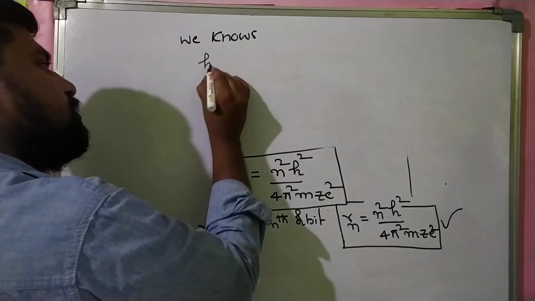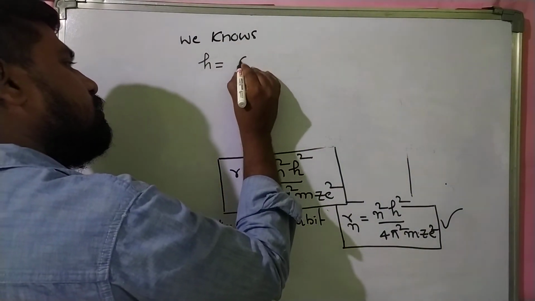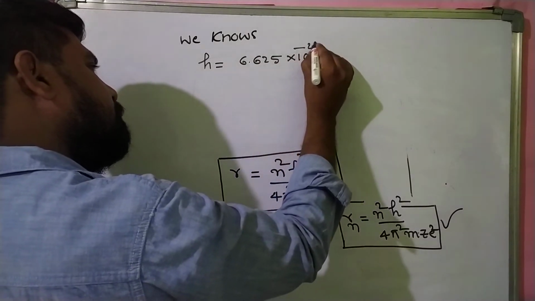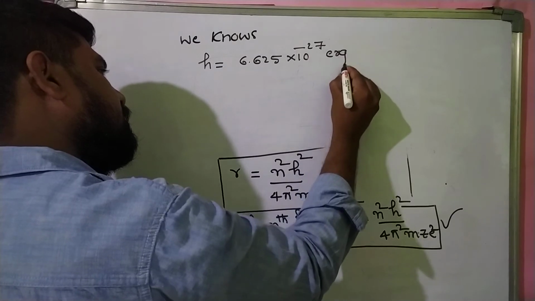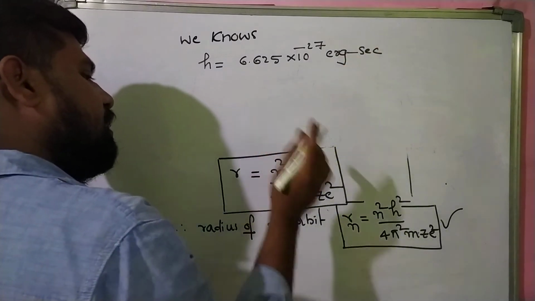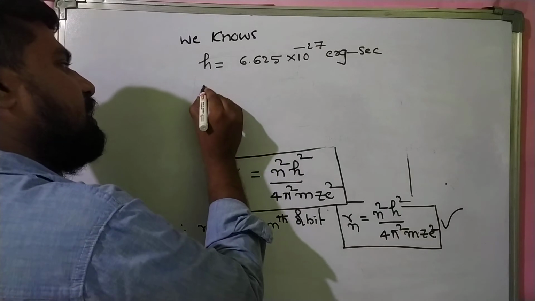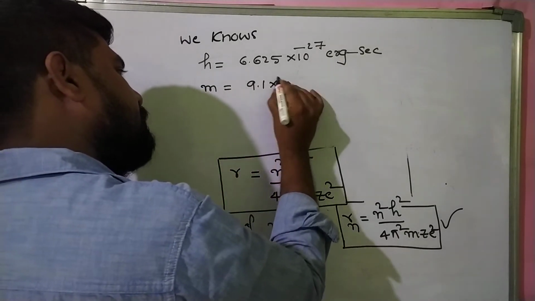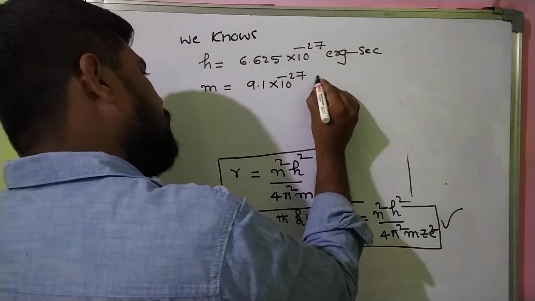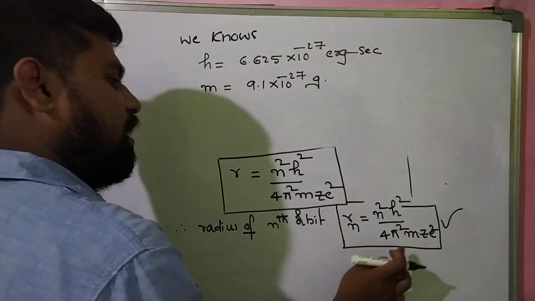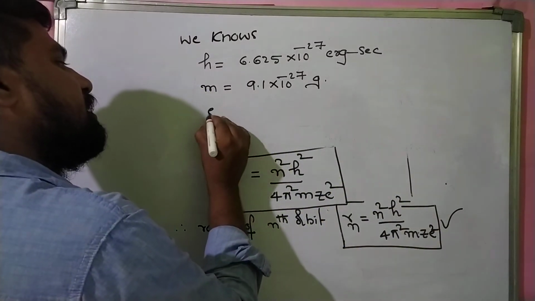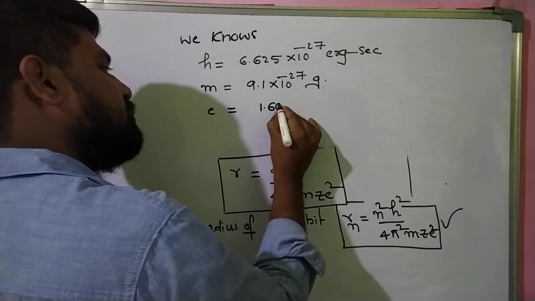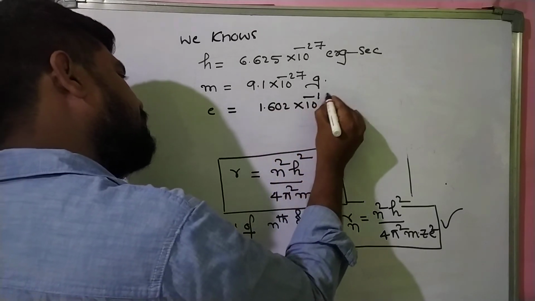H equals 6.625 into 10 to the power of minus 27 erg second, and m means mass of the electron, m equals 9.1 into 10 to the power of minus 27 grams, and e equals charge of the electron, that is 1.602 into 10 to the power of minus 19 coulombs.